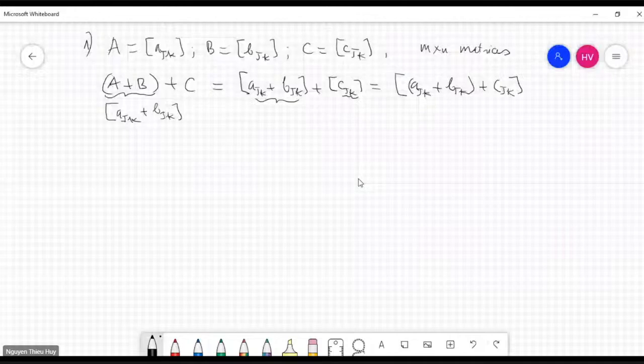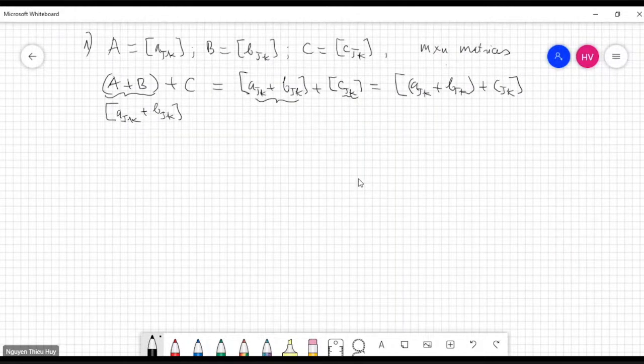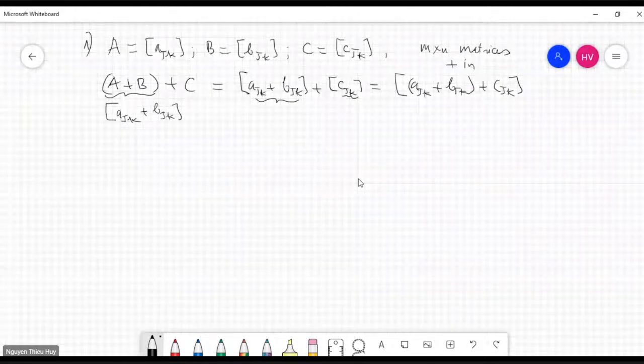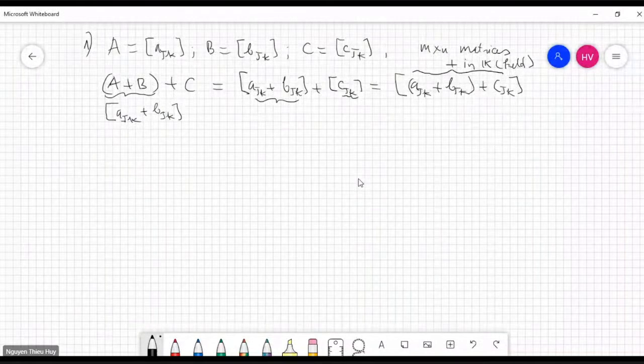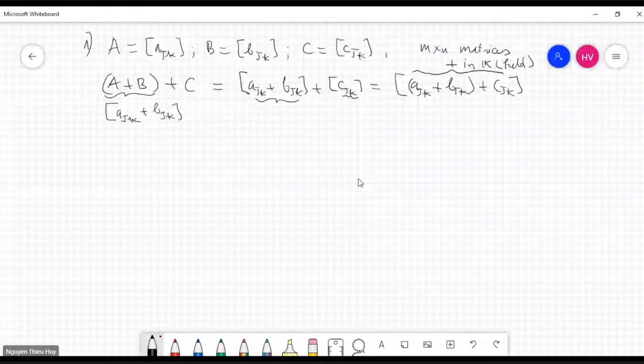But this is the addition in K, a field. Think about K as the set of real numbers so that it is easy for you. Don't be worried about K. Every element in K can be added or multiplied exactly the same as in R. So let's think about K as R.